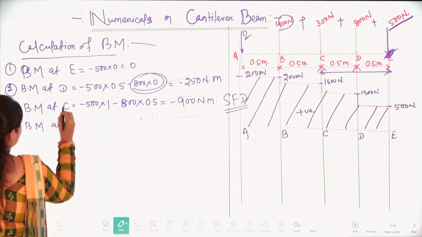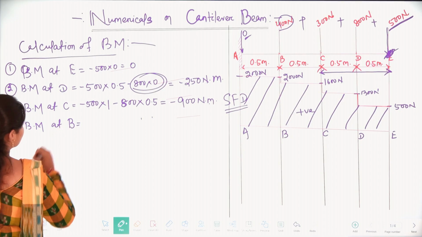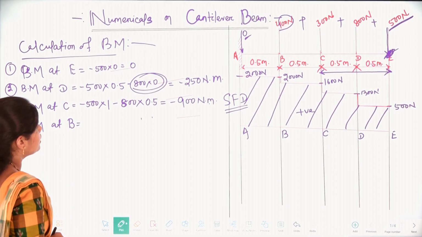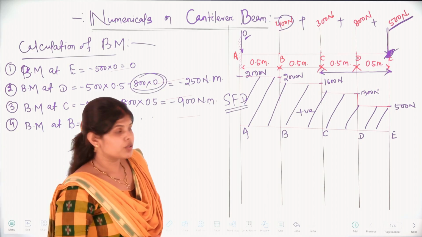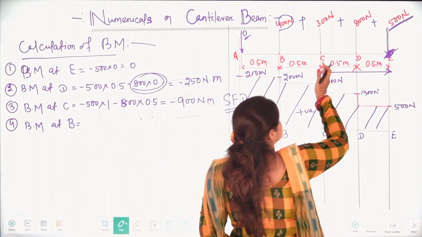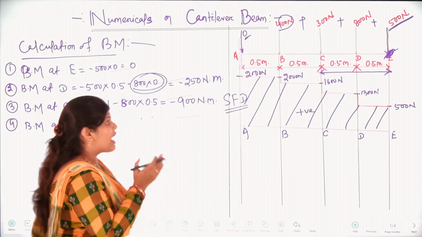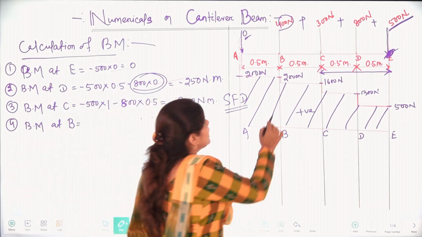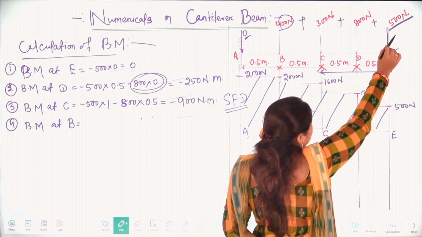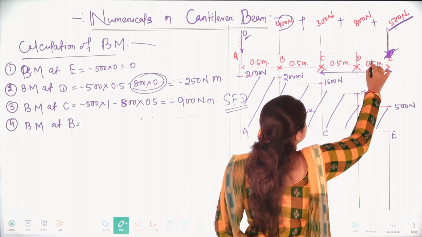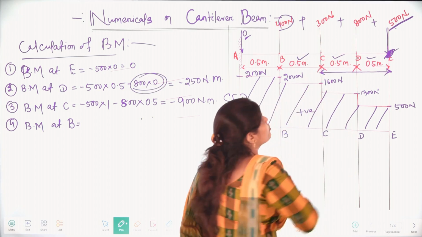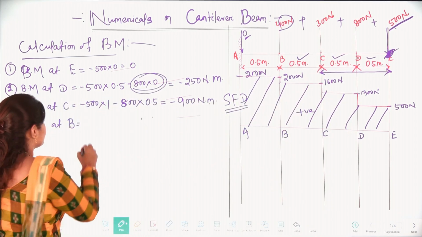Next, bending moment at point B. In case of shear force, we just do these additions, but here we need to mark everything. Like here, in case of B, we need to multiply 500 with this 0.5, this 0.5 and this 0.5. It will be 1.5.